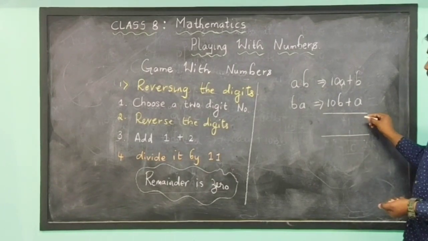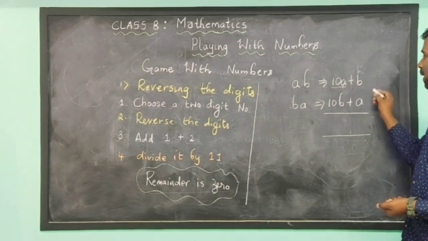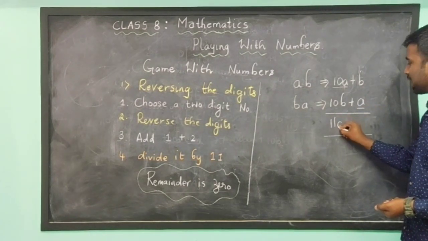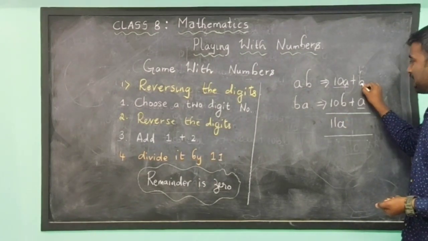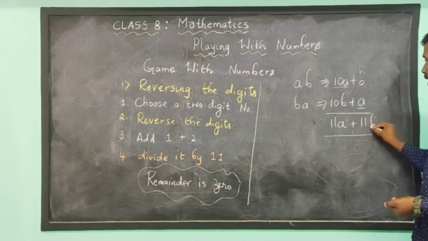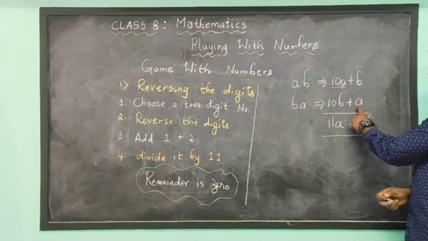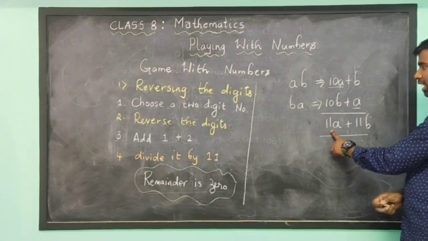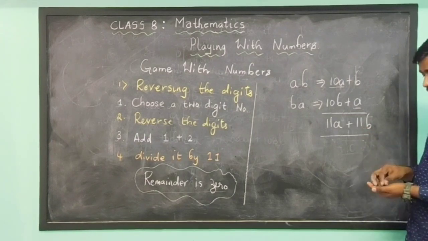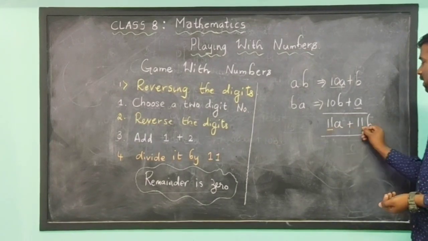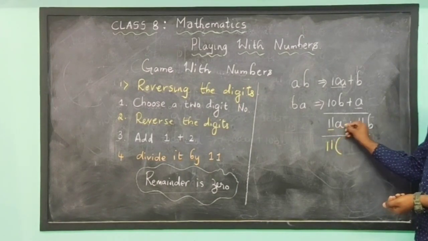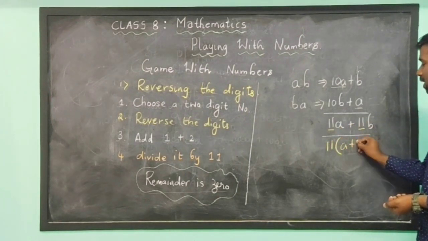Now what will we get? 10A plus A is 11A. 10B plus 1B is 11B. If we see, what is common here? 11. Take that out. The remaining terms are A plus B.